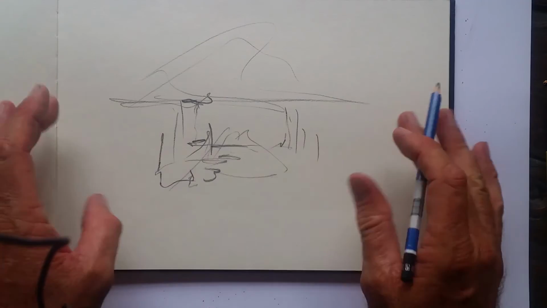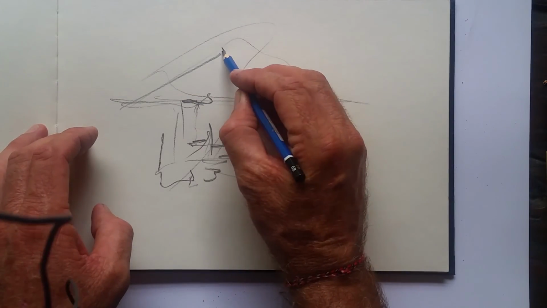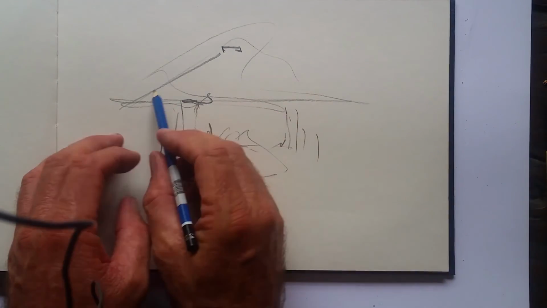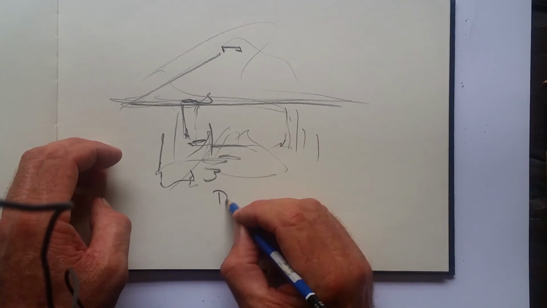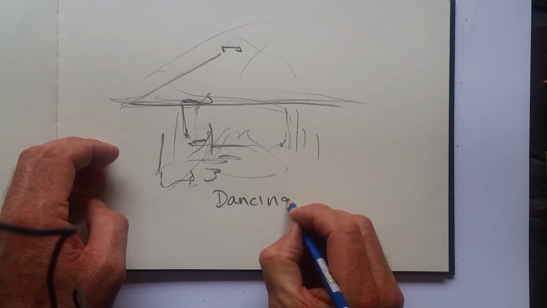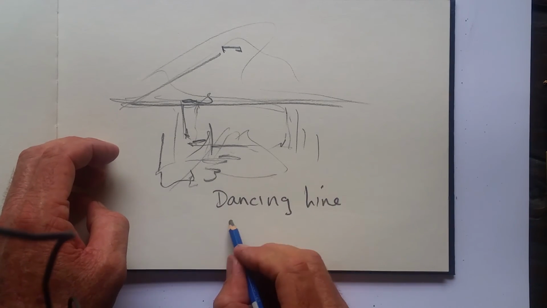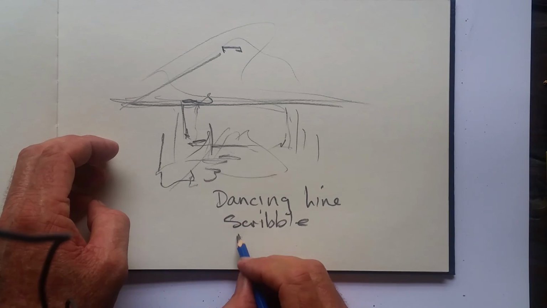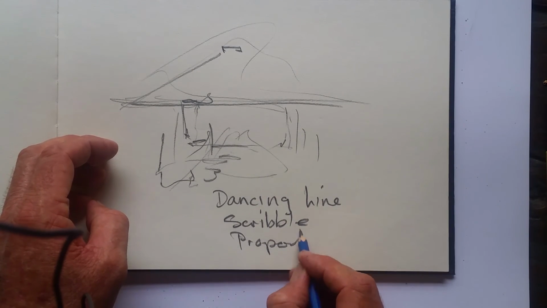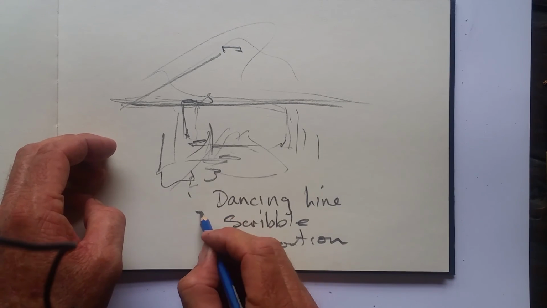Okay, because all of that can come in later. If you wanted to, you could outline this, you could use a ruler and you could get everything really accurate. But at this point in time, we're just really interested in this dancing line. Okay, and scribble. And then finally, of course, proportion. 1, 2, 3.